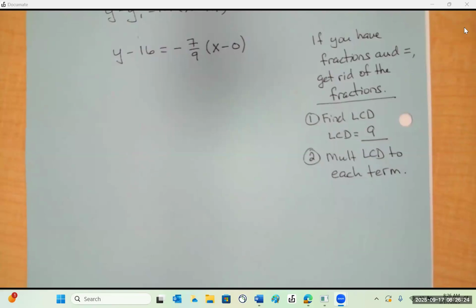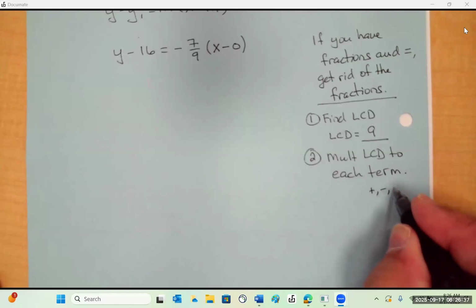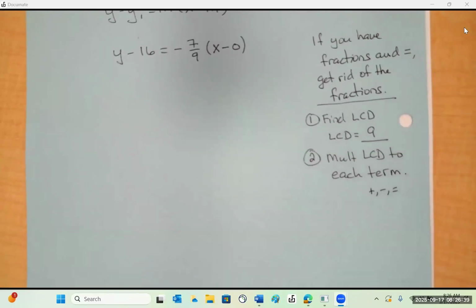Now, when was the last time you took algebra? Freshman year, class. Yes, a term is anything separated by plus, minus, or equal sign. If this is easy for you, don't answer. I don't get impressed by people who know this already.